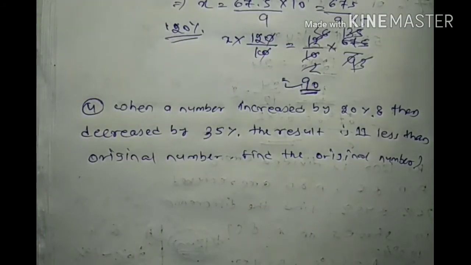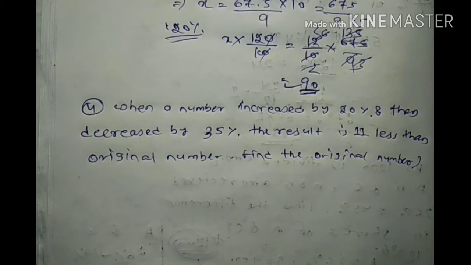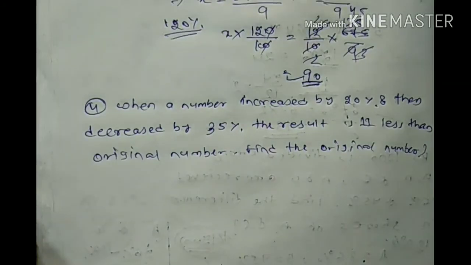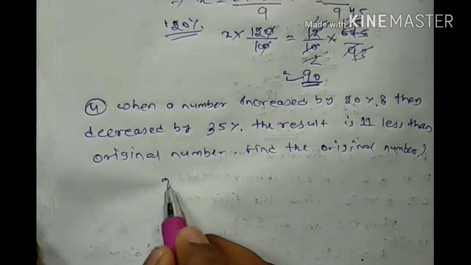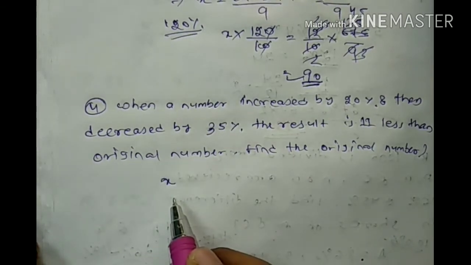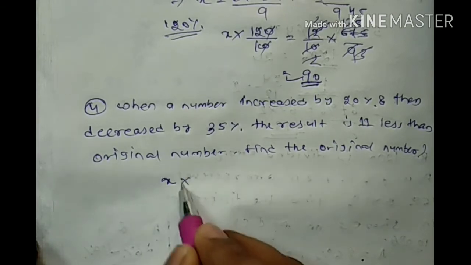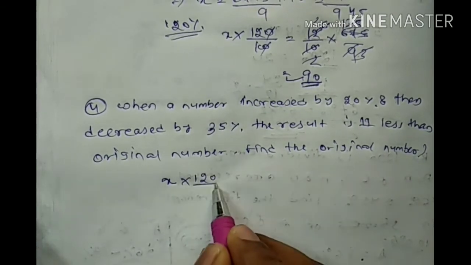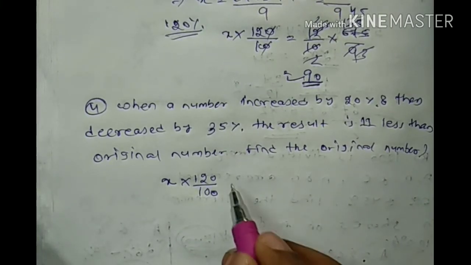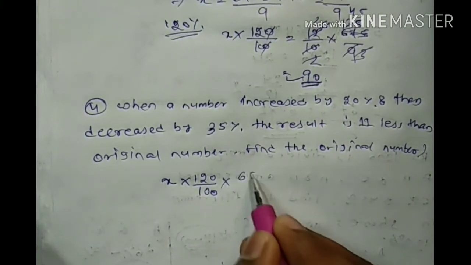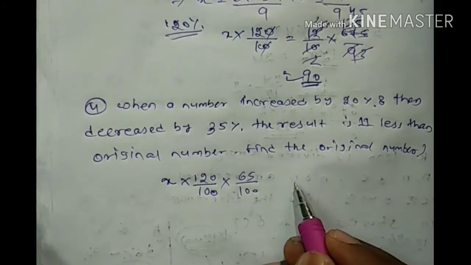So when a number is increased by 20% and then decreased by 35%, the result is 11 less than the original number. Find the original number. We don't know the original number, so let the original number be x. It is increased by 20%, which means 120% of that number, and then decreased by 35%, which means 65% of that number.